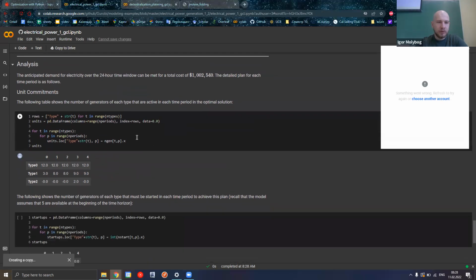Now we can take a look at what exactly are the unit commitments. How many units and to which power generation can we commit here? So for that we use a pandas data frame.